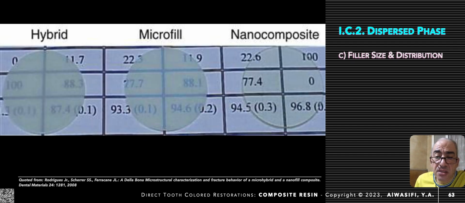If you consider these discs of composite are of the same shade, and of the same thickness, hybrid is different than micro, is different than nano composite in translucency, and this adds to your shade matching, and this adds to your aesthetic reproduction.